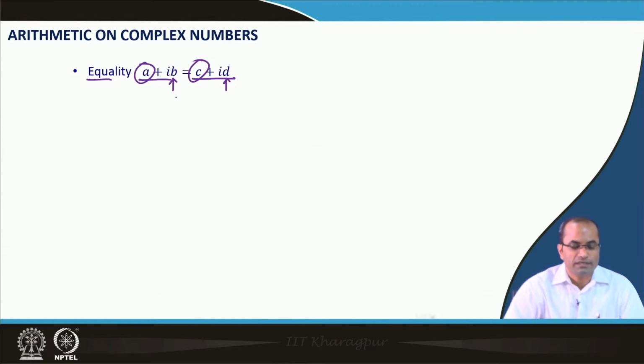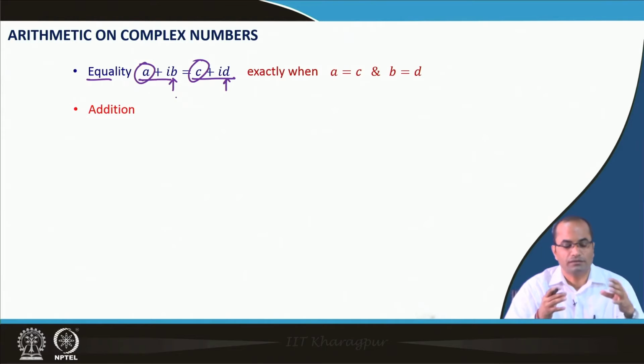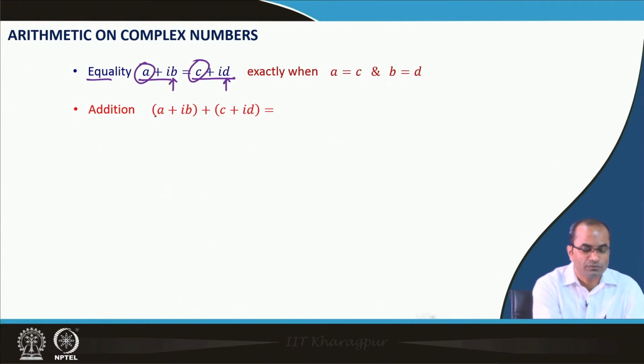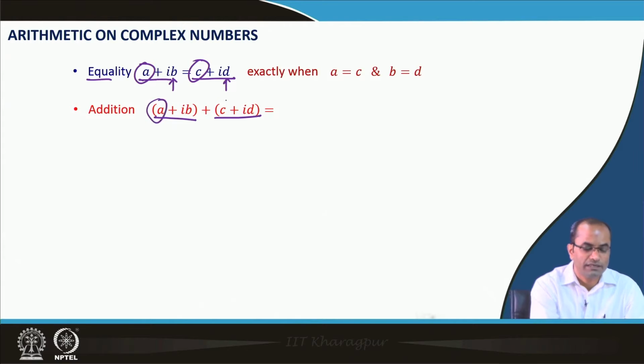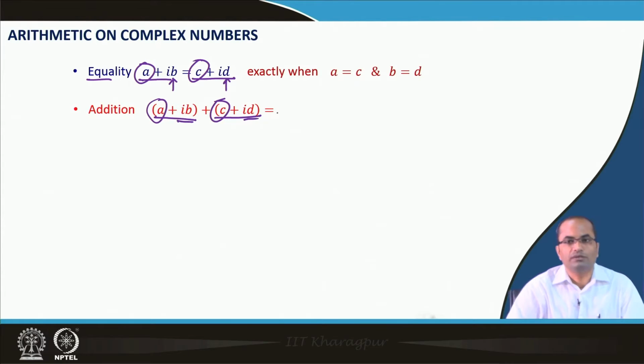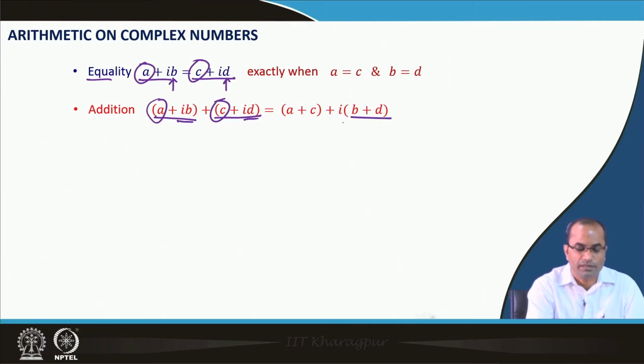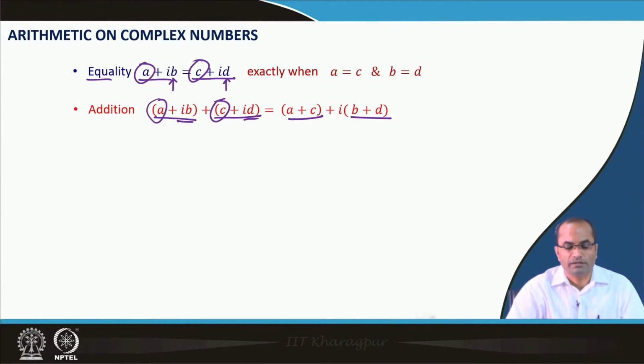The addition we define by adding the real part and the imaginary part separately. If we have two numbers, a plus i b and c plus i d, their sum will have the addition of the real numbers as the real part, and i b added to i d forms the imaginary part. So, a plus c plus i times b plus d will be the addition.